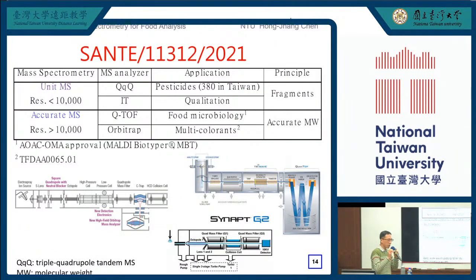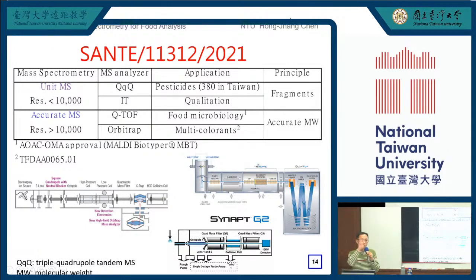So your question is why the paper maybe uses LC-MS/MS. MS/MS is a tandem mass technology. That means they use different types or the same type of mass analyzer together. For example, in this slide, this one has one quadrupole here, another quadrupole here, and a third quadrupole here.